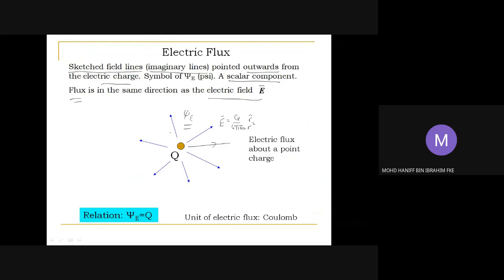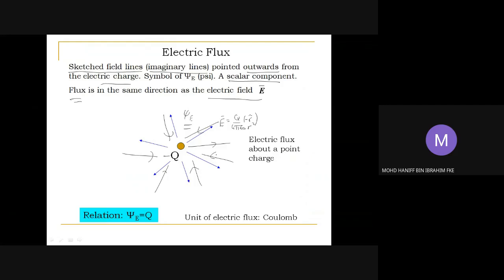That's why the direction of your flux should follow the direction of the E field, which points outward from the charge. But if your charge is negative, this E field will be in the negative direction. So the direction of the flux will be opposite, in which the direction of the flux will be inward, if your charge is negative.